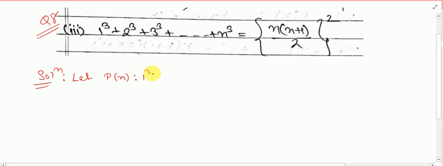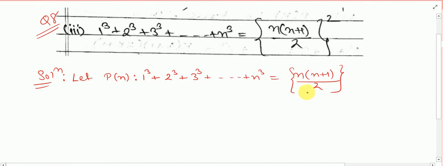So 1 cube plus 2 cube plus 3 cube plus dash dash dash plus n cube is equal to (n(n plus 1) upon 2) whole square. Done.